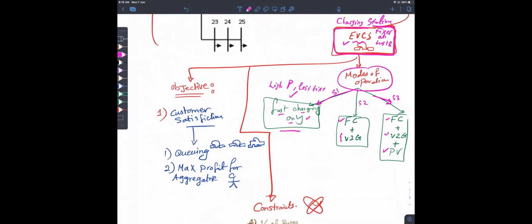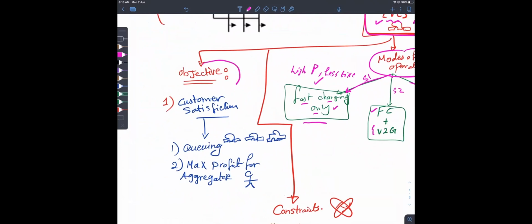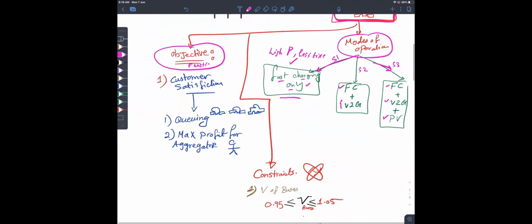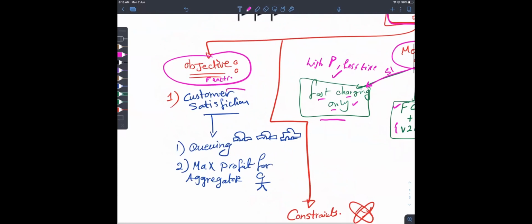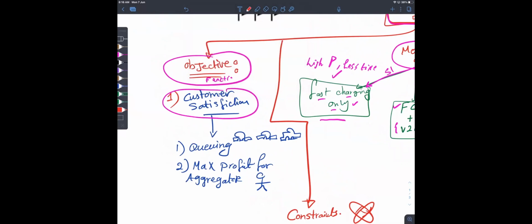Now for each scenario, the main objective, the objective function, I have 2 objective functions. The first one is customer satisfaction. We can research about it, but what my professor told me is, for example, the queuing.